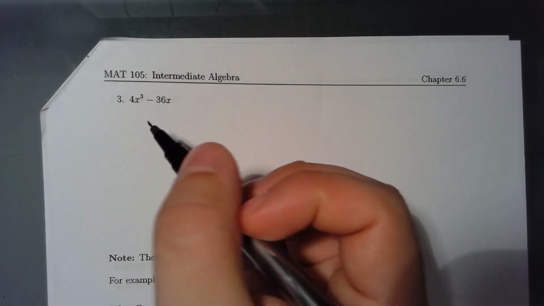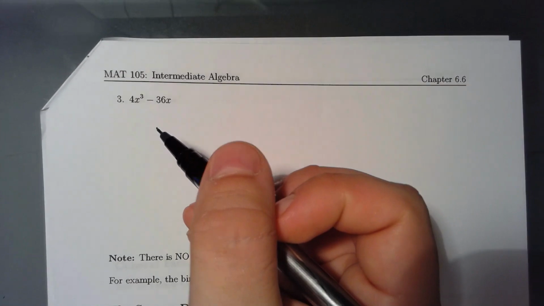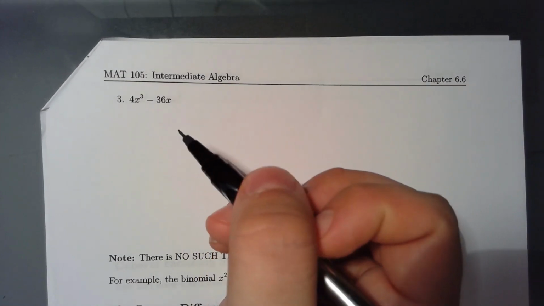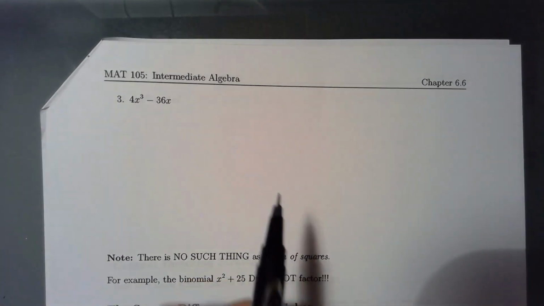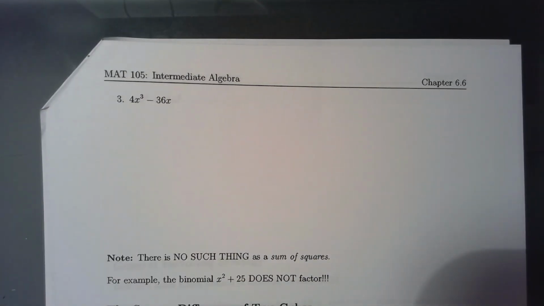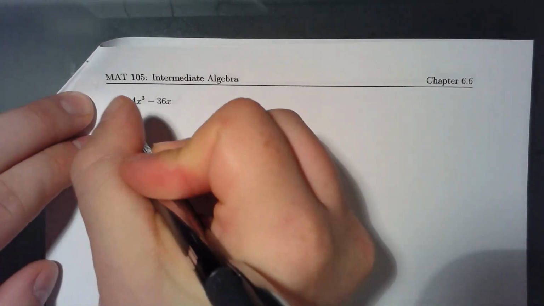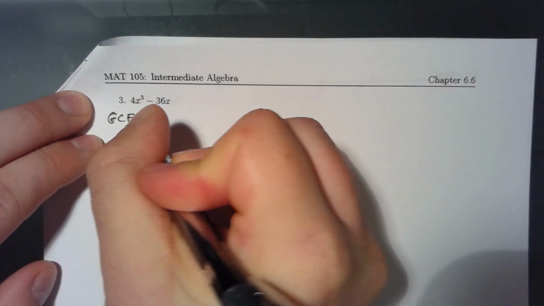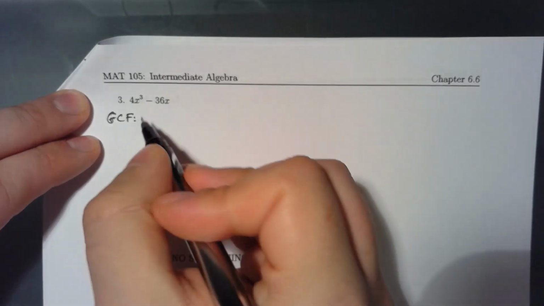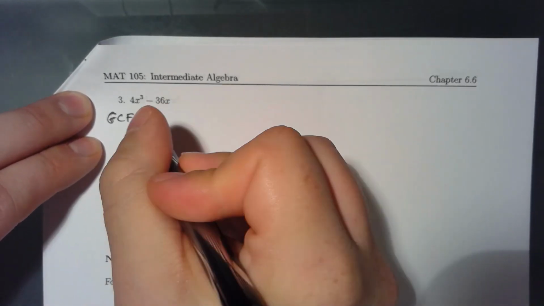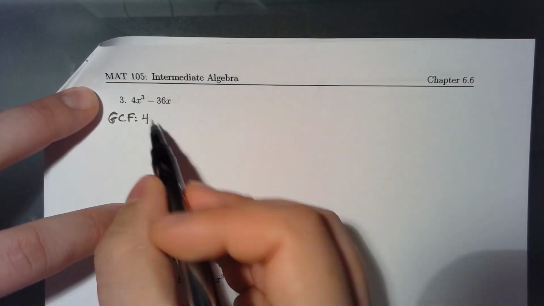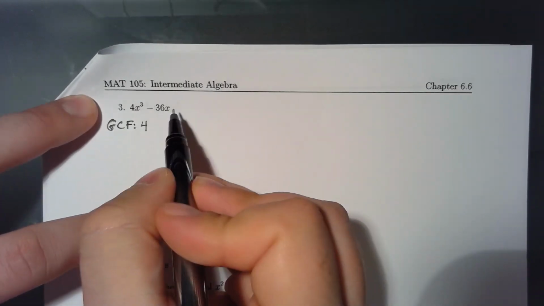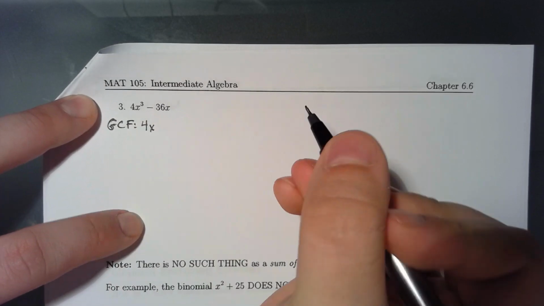Well, remember, the first thing you should do is factor out a GCF. I haven't been doing that deliberately because there was no GCF there. So let me factor out a GCF. What's the greatest common factor of 4 and 36? That's 4. And of x cubed and x? That's x.